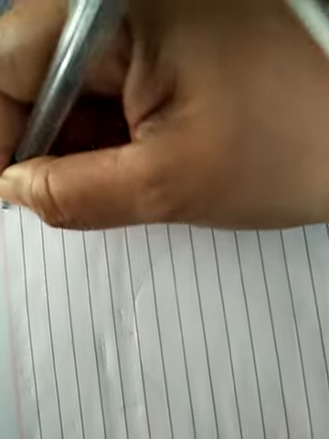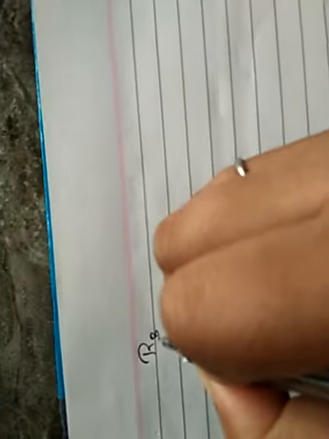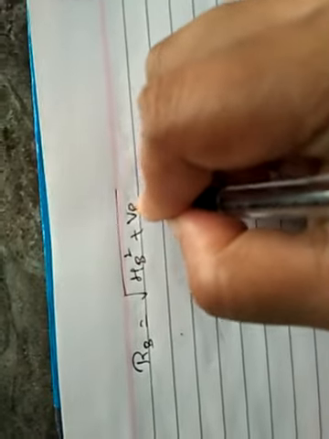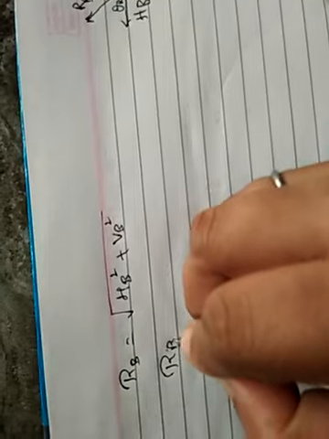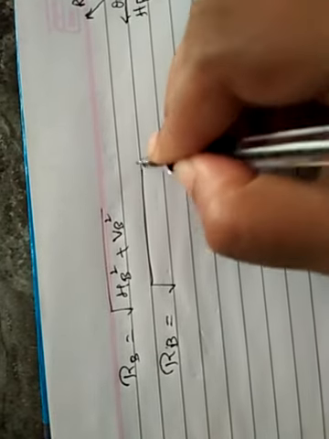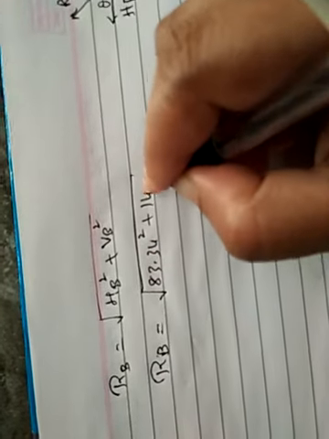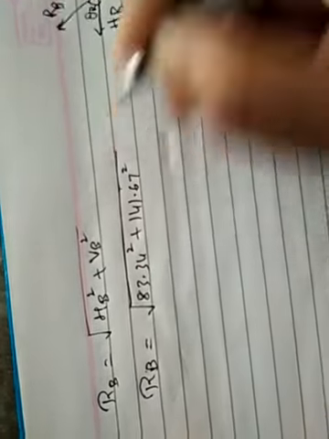In the same way, when we consider support B, this is VB, this is HB, and the resultant will be here, RB, which makes an angle theta B. Applying the hypotenuse theorem at B, RB is equal to the square root of HB square plus VB square, which is 83.34 square plus 141.67 square.